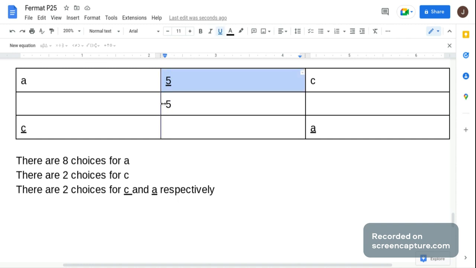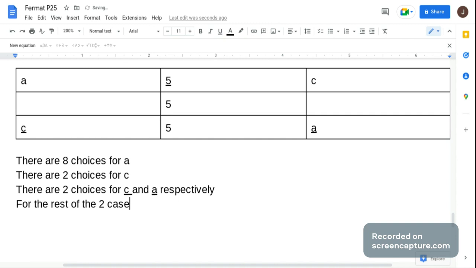So to make this vertical line equal to a multiple of 5, the number 5 is the only choice, so that it equals 15, which is the only possible value that can reach a multiple of 5. So this can only be 5. And then for the rest of the 2 cases, there will also be 2 different values respectively.